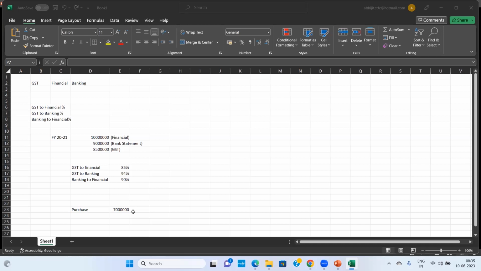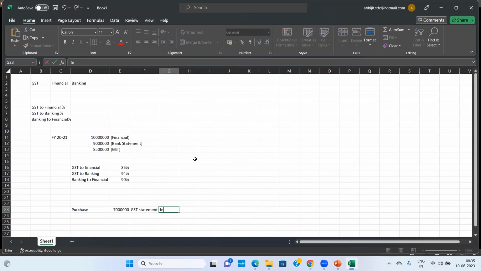Okay. Now, when I talk about purchase, how do you validate that whatever purchase is showing is actual or not? In the GST statement, you will get something called input tax credit. If my input tax credit shows X amount, that means X amount is my purchase.